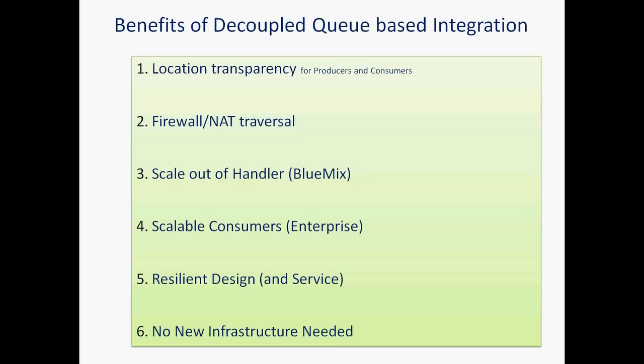Each one will look exactly the same. You can stand up more if there's a lot in the queue, otherwise shut one instance down. It's all up to you. Different permutations and combinations are possible here also. You can increase the memory, etc. So this whole thing is a resilient design based on a resilient service, essentially.